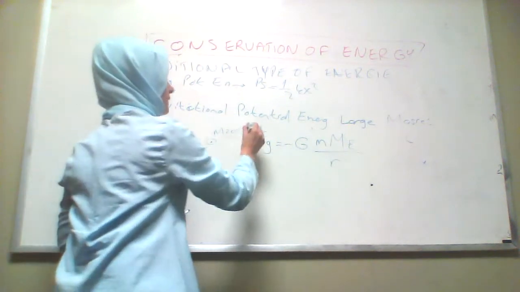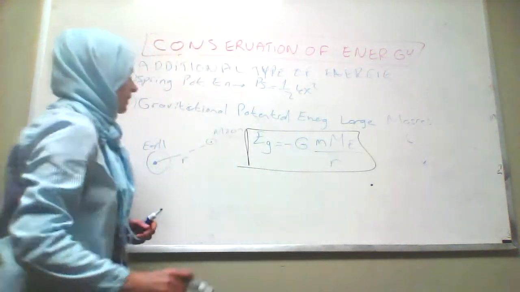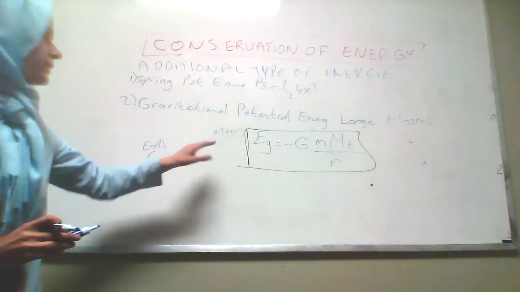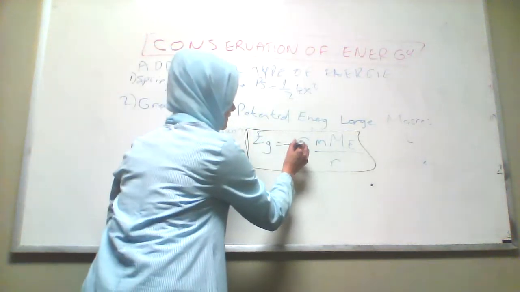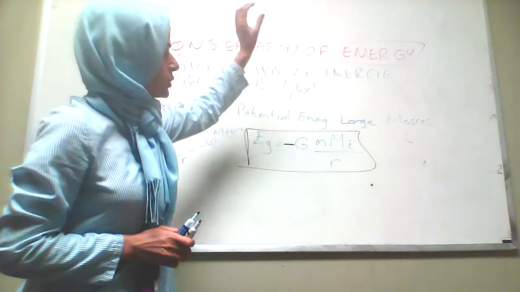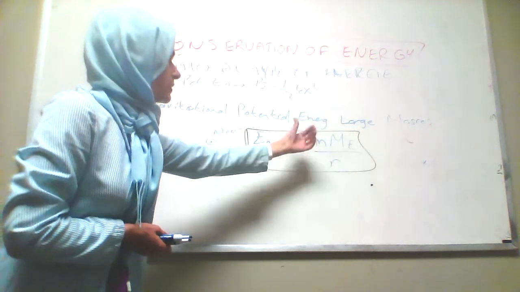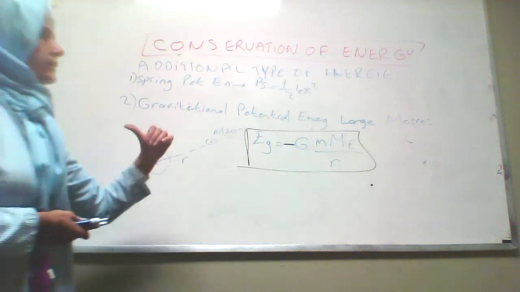If you remember, gravitational force was the same, divided by r squared. This is only the gravitational force multiplied by the distance. The negative is due to the fact that if we move the objects too far away to an infinite distance, the energy becomes zero. So moving closer gives us negative energy.